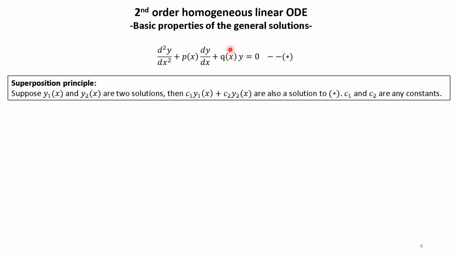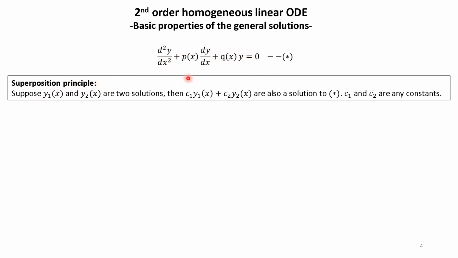So we will first talk about the homogeneous linear ODE. Homogeneous case means I have the right hand side equal to 0. Here I talk about the so-called superposition principle. What is it? Suppose I find two solutions to this differential equation, y1 and y2.